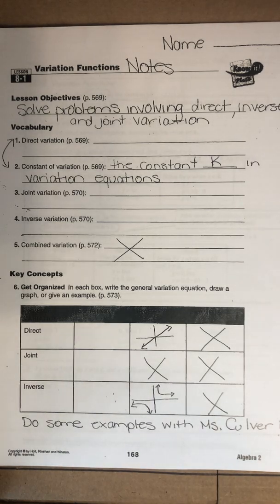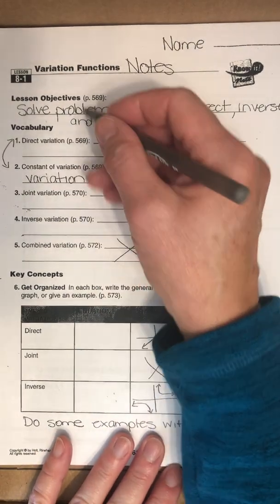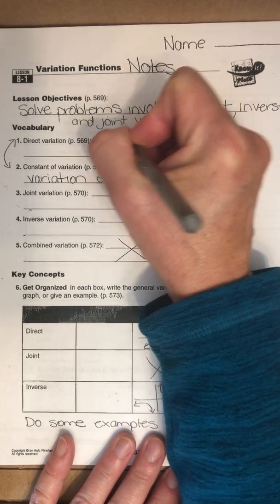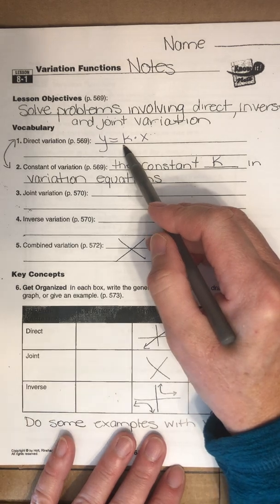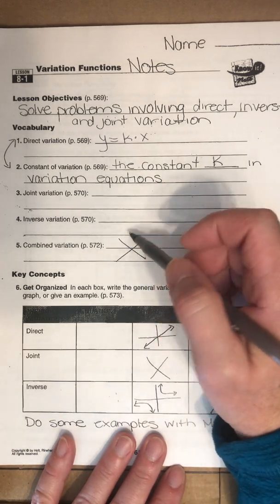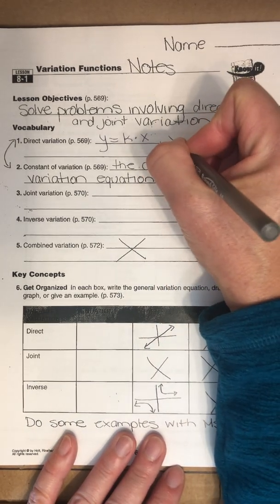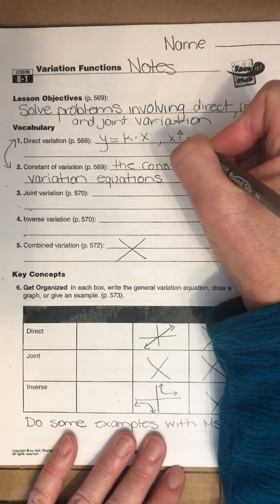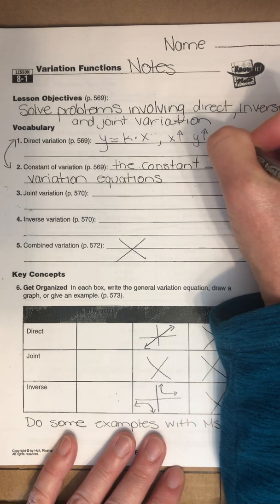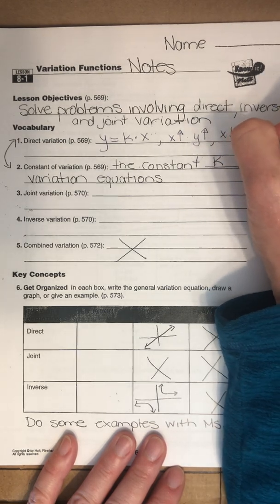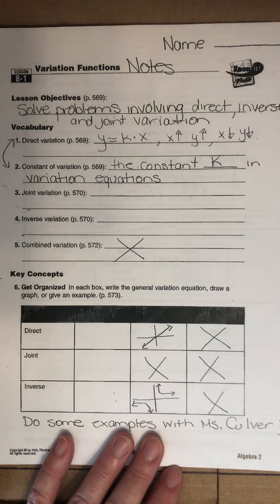So for number 1, direct variation, those will be very small equations that look like this, where k is your constant of variation that we saw on number 2. And that would mean as x goes up, y goes up. And as x goes down, y goes down. They are directly related to each other.